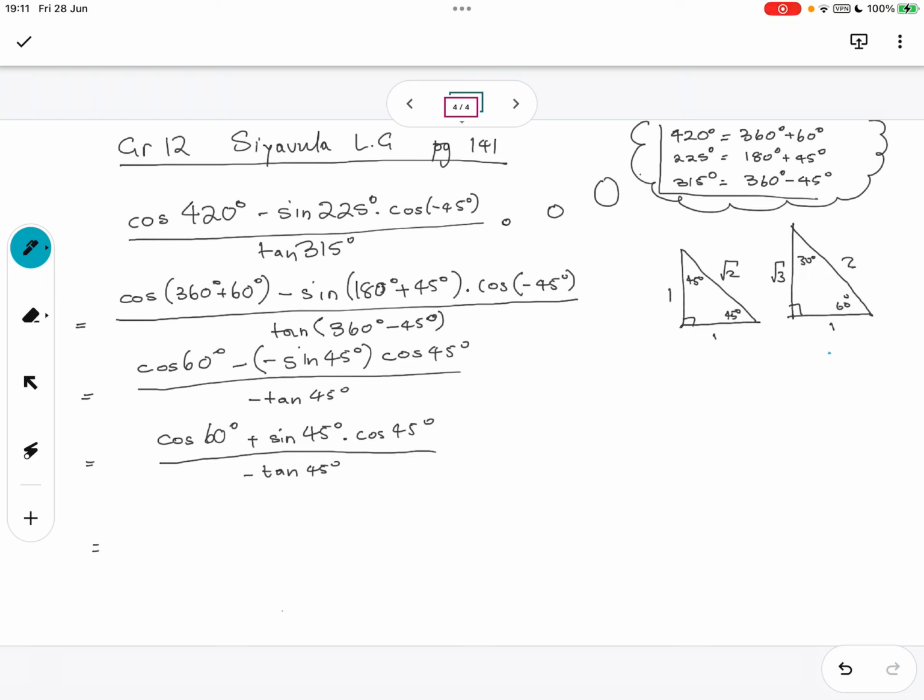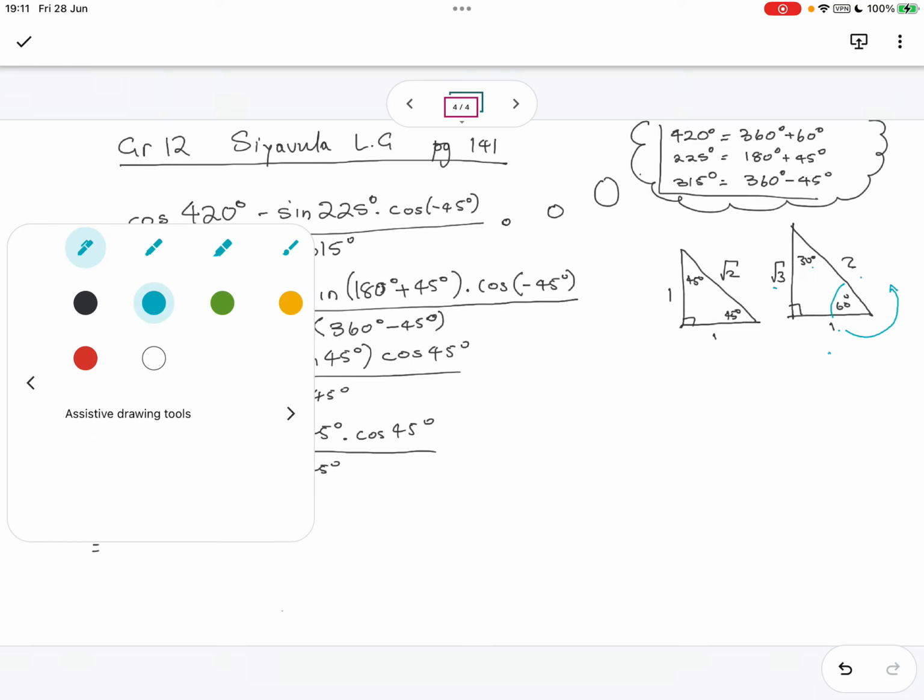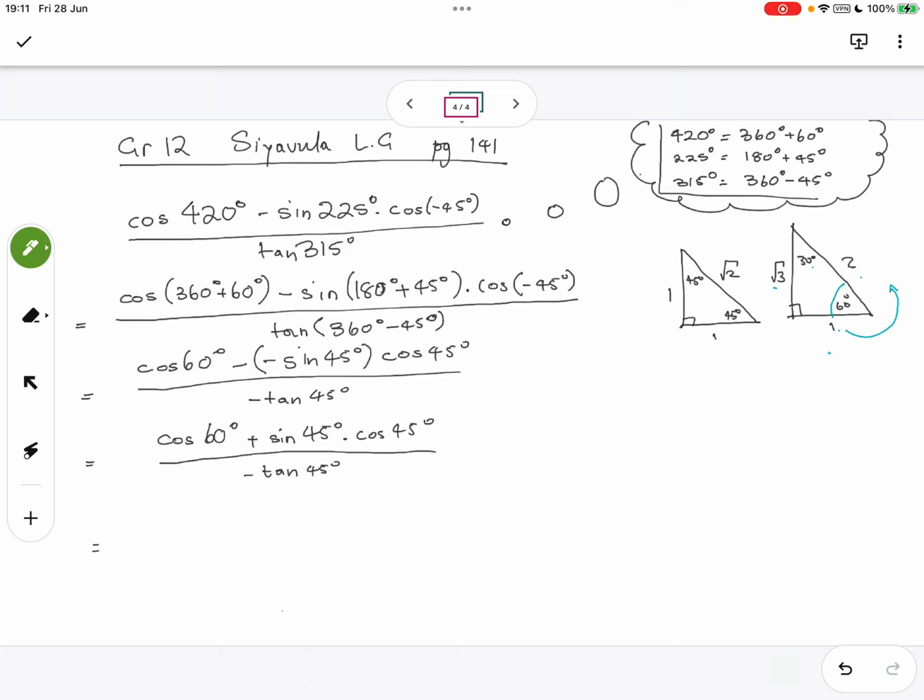I start with the angle at 60 degrees and then I count my sides going counterclockwise. So it's 1, 2, square root of 3. And then I know the angle that remains is 30 degrees. And then for the 45-degree triangle, I know it's an isosceles triangle.